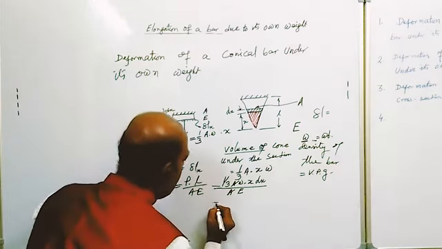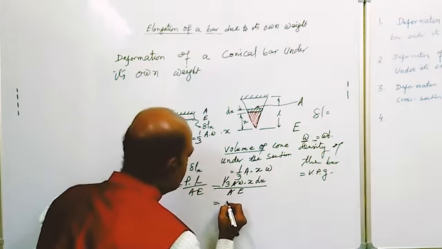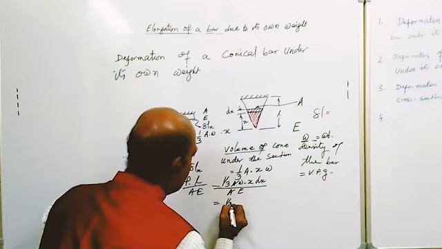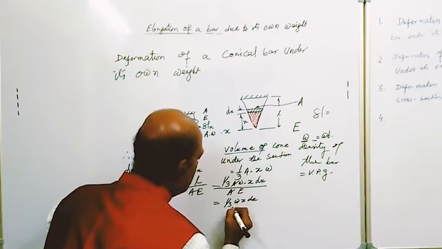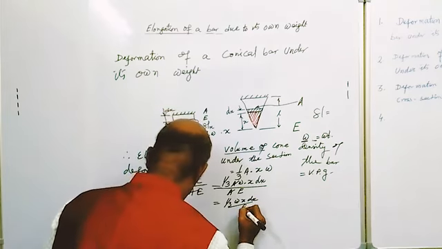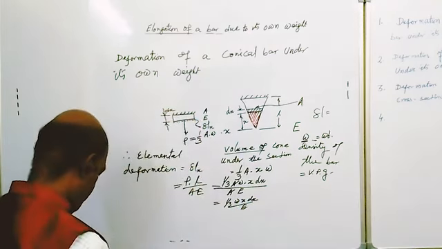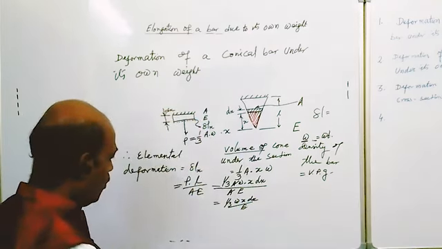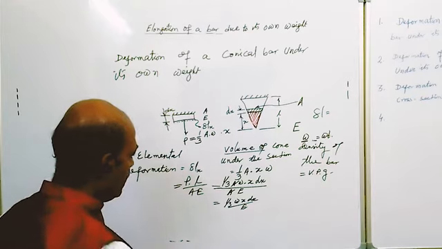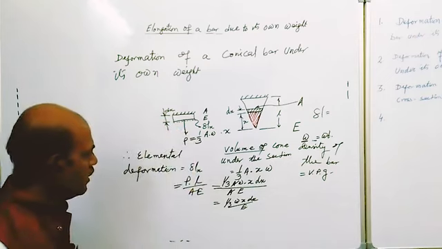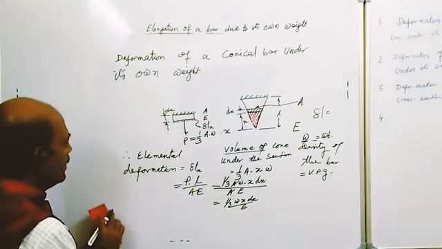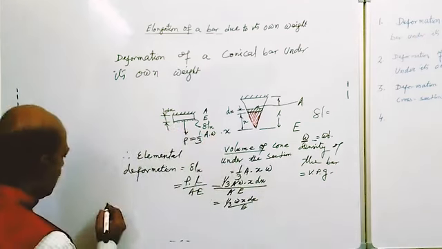So the elemental deformation is 1/3 W into x into dx divided by E. So W by 3E are the constants. Okay, so the elemental deformation we have got. Now what is the total deformation of the bar?